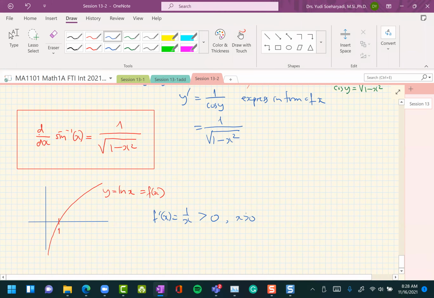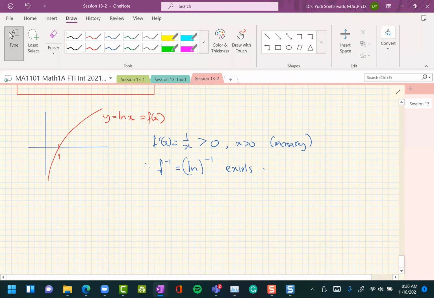So it's increasing, and therefore the inverse exists. Okay, so we know the inverse exists.